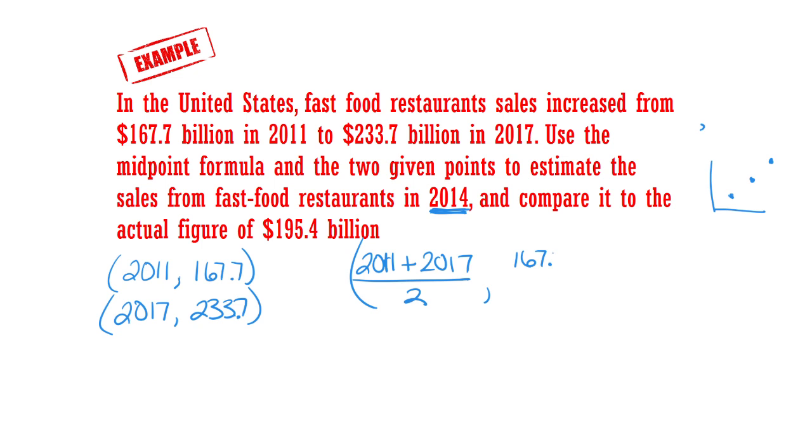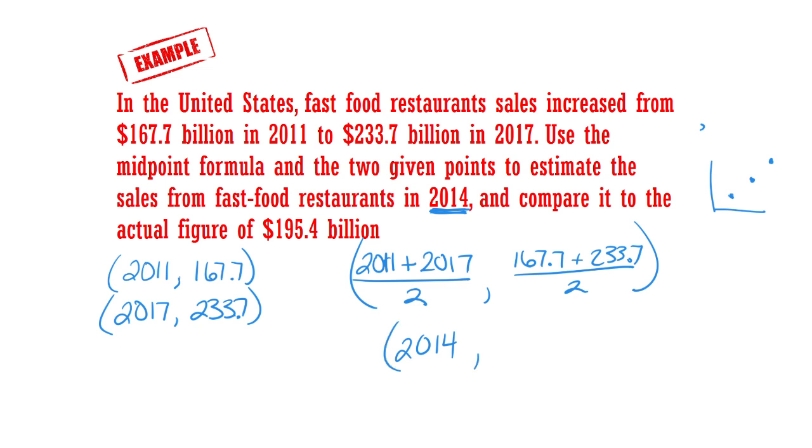Add the y's, divide by 2. All right, so then you can go to your calculator to simplify this. 2011 plus 2017 divided by 2 is the 2014 that we wanted.